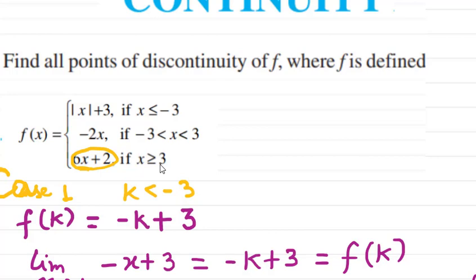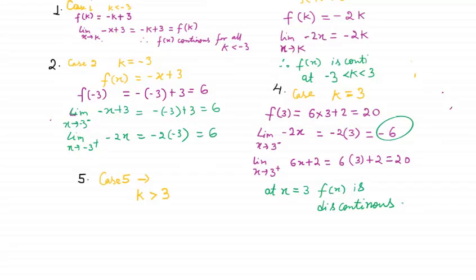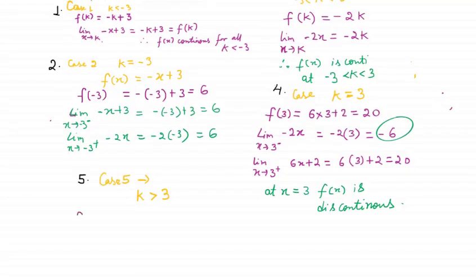So for both the left hand limit and the right hand limit, this function 6x plus 2 will be valid, because if the value is a little bit less than 4, it will not get less than 3, okay. It will be just near about 4, so only this function will be valid. So for the left hand and right hand limit, both functions are 6x plus 2, and for f(k) also only this function will be valid, so it will be continuous at this point.